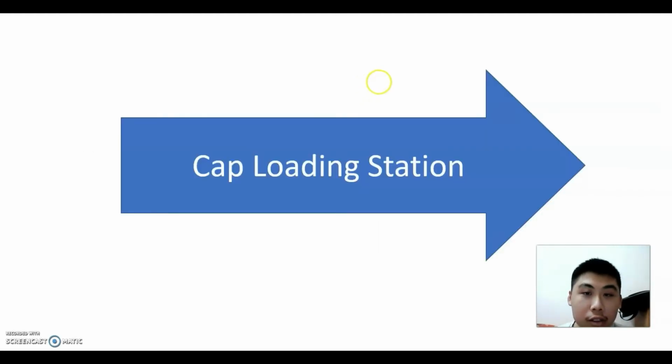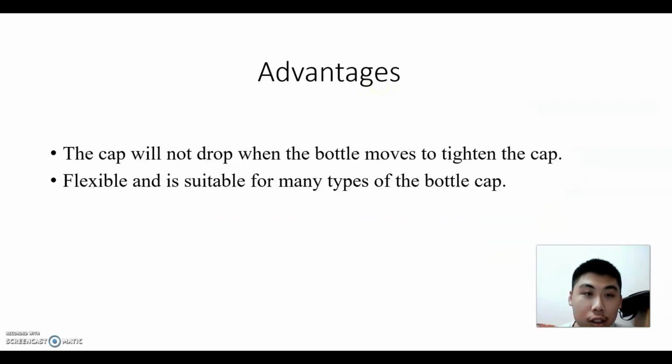Then is the cap loading station. The advantage is the cap will not drop when the bottle moves to tighten the cap. The cap loading station is flexible and is suitable for many types of bottle caps. We can adjust the cap loading station to track many shapes of bottle caps.